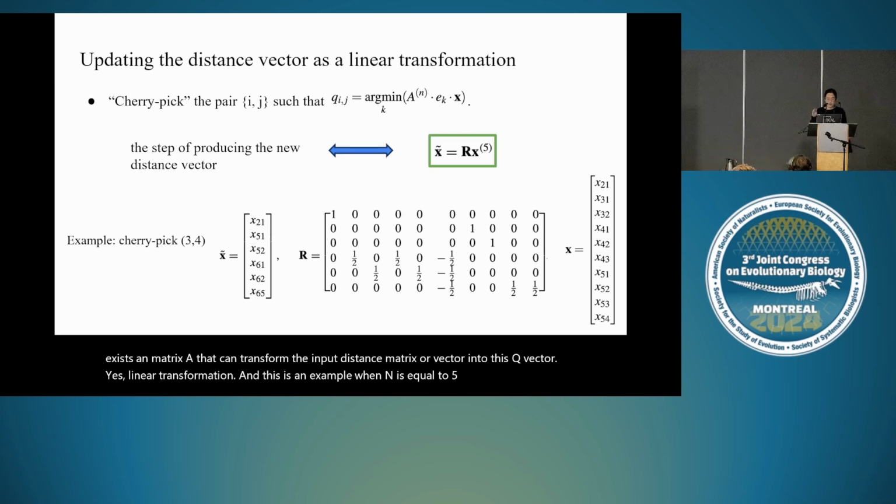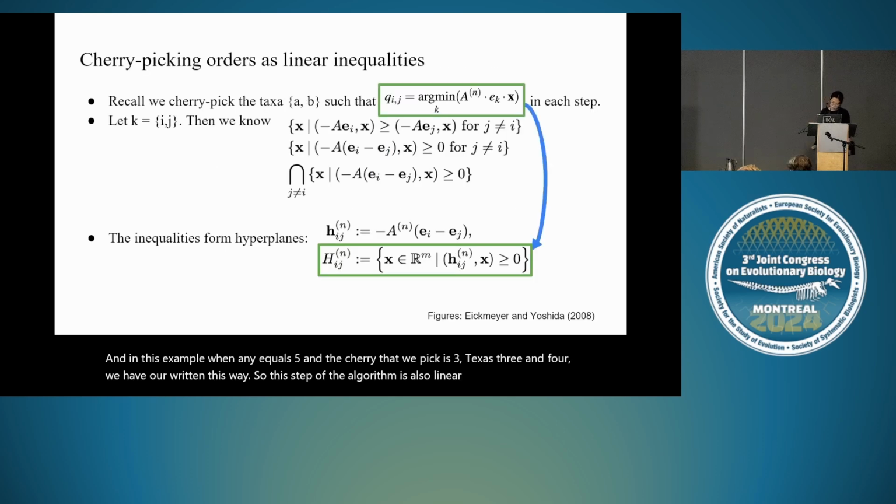Similarly, even the distance update process can be interpreted as a linear transformation. And in this example, when n is equal to 5, and the cherry that we pick is taxa 3 and 4, we have R written this way. So this step of the algorithm is also a linear transformation.